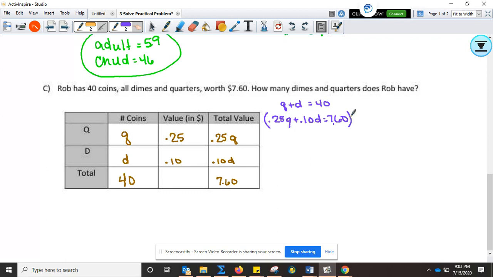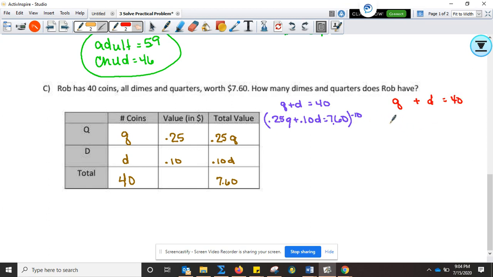And by multiplying that by negative 10, I'm going to get a negative 1 down here. So let's do that. Okay, so the top goes straight over: Q plus D equals 40.